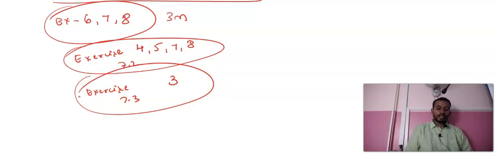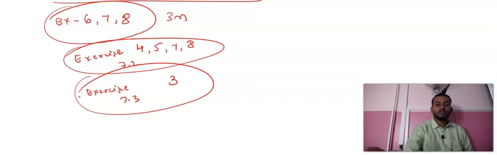Find the area of the triangle formed by joining the midpoints of the sides of the triangle whose vertices are (0, -1), (2, 1) and (0, 3). Find the ratio of this area to the area of the given triangle. Exercise 7.3, question number 3. You can try.